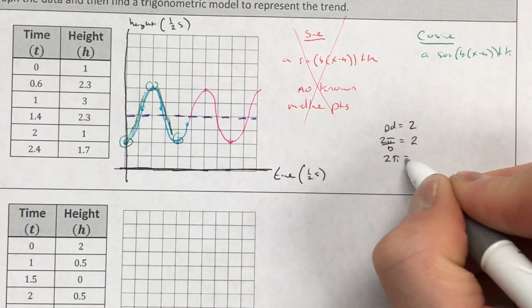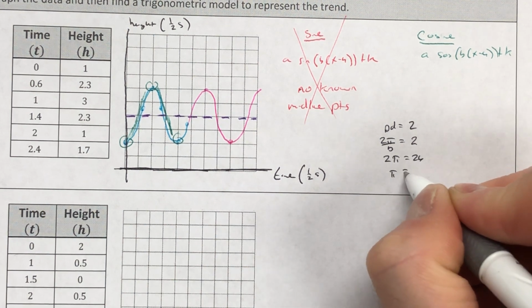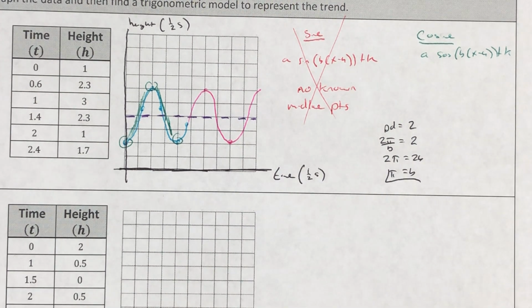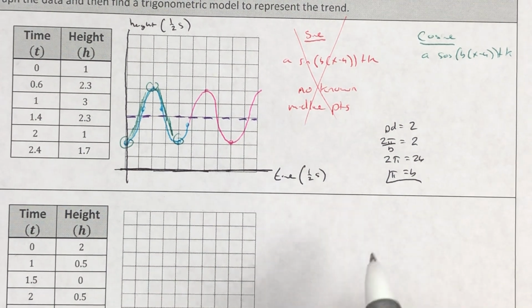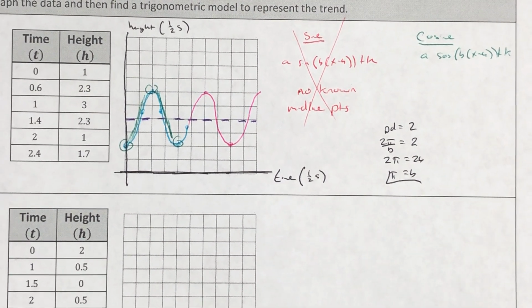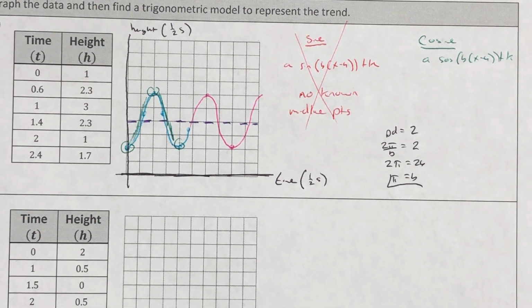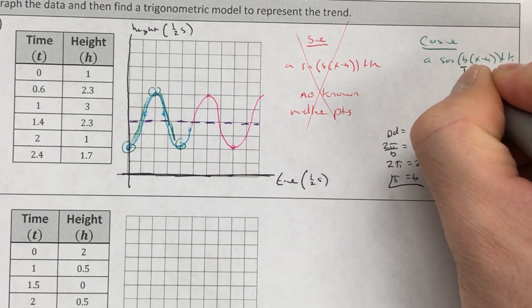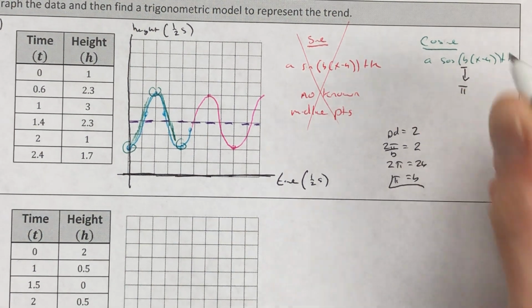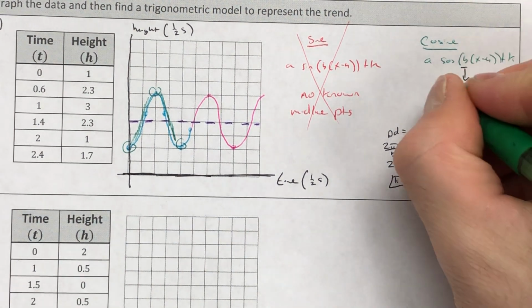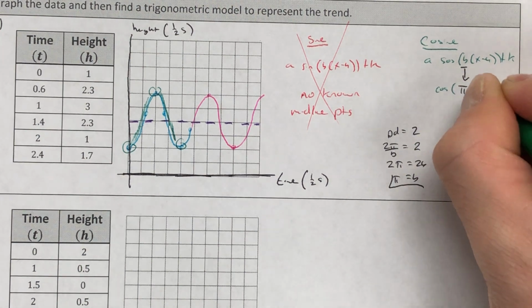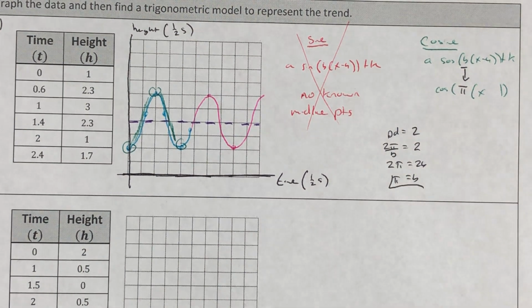So 2 pi is equal to 2b. Pi is equal to b. I swear I didn't do this intentionally, but we got what we got. So my b in this case is going to be pi. So cosine of pi x, there we go.